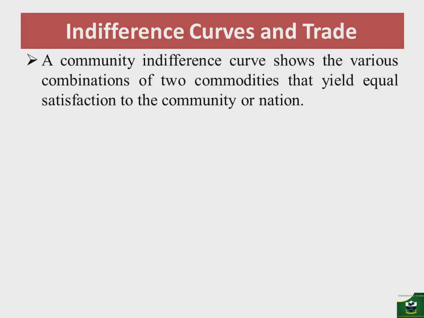So a community indifference curve by description shows the various combinations of two commodities that yield equal satisfaction to the community or the nation.